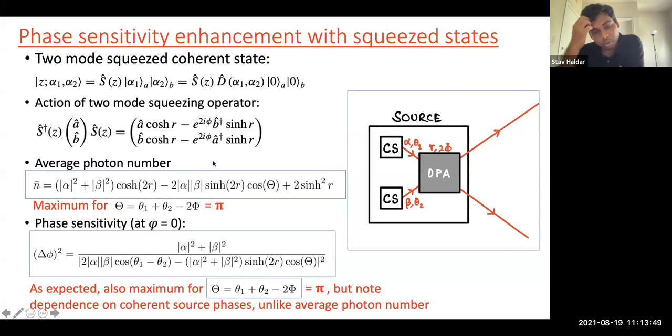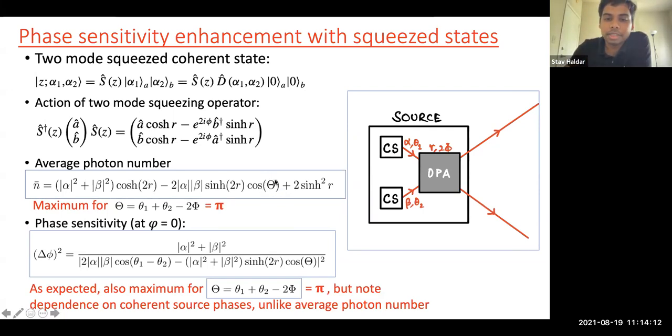Once you do this, you can calculate the total average number of photons in the two outputs, and as expected it is proportional to the total coherent input that you gave, and also the squeezing amplification that you did.